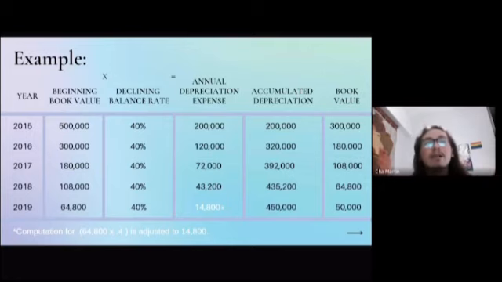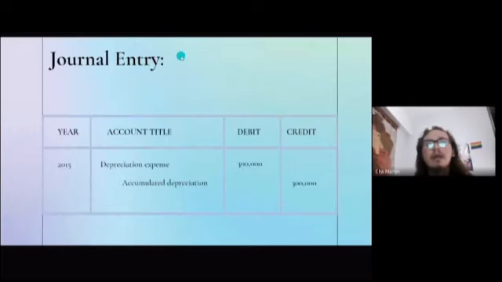If we add it up, we'll get the 500,000 from the beginning book value of 2015. So our journal entry for this one would be for the year of 2015. We have the account title of debit depreciation expense of 300,000, and then credit accumulated depreciation of 300,000 as well.